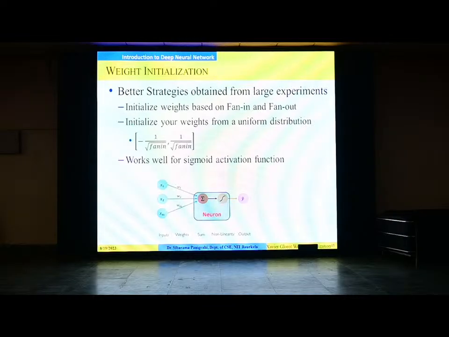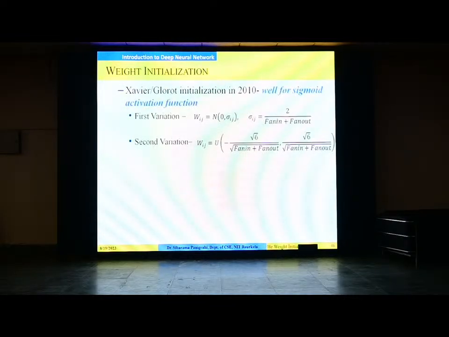Xavier and Glorot first developed a weight initialization scheme. The first version: Wij, the weight between the ith neuron and the jth neuron of the next layer, is generated from a normal distribution with mean 0 and standard deviation sigma ij, where sigma ij is 2 divided by (fan in plus fan out).